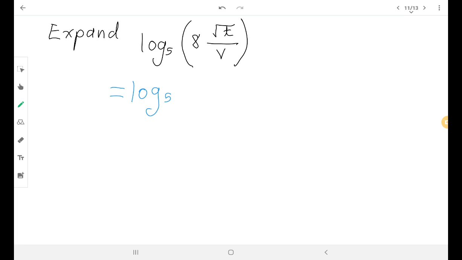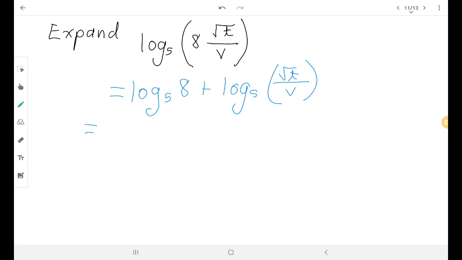And let's say that'll be log base 5 of 8 plus log base 5 of the square root of t over v. Then we'll talk about how we deal with the square root probably at the end.